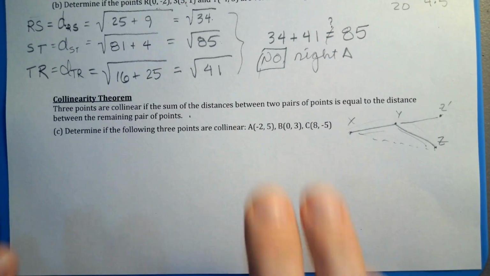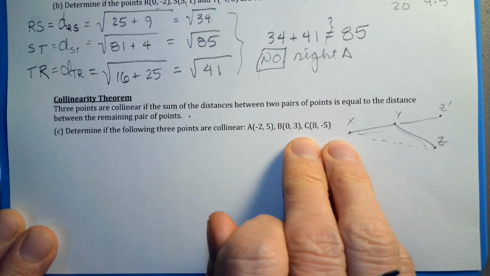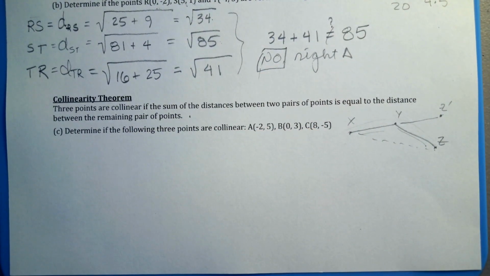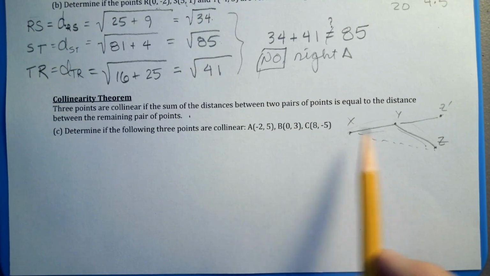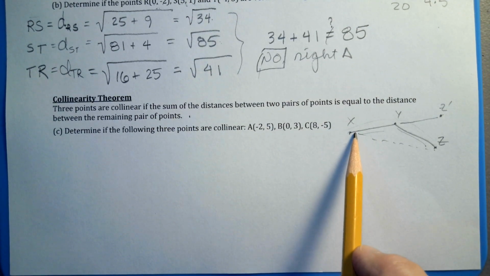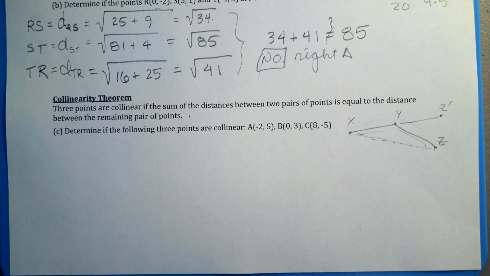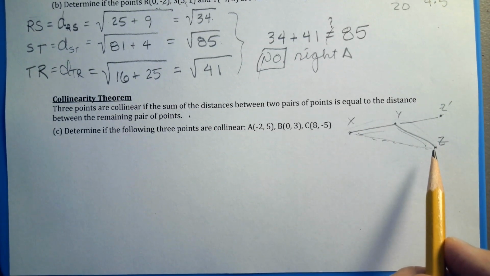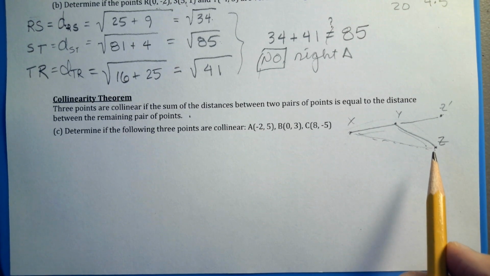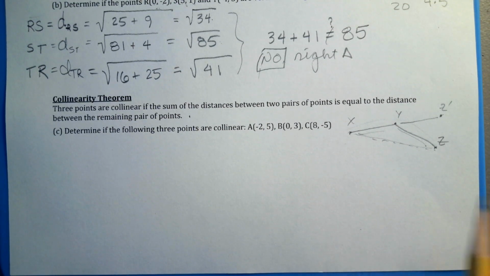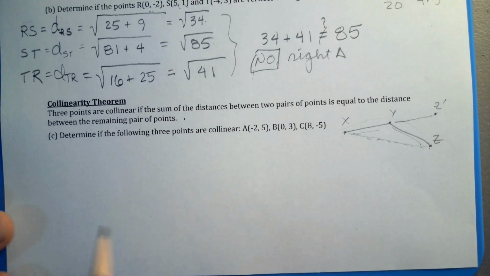So what we have to do is just figure out what the distances are, and do they add up? If they don't add up, then the longer side is not the sum of the other two, so that means it would form a triangle. Okay, so let's just find these distances.